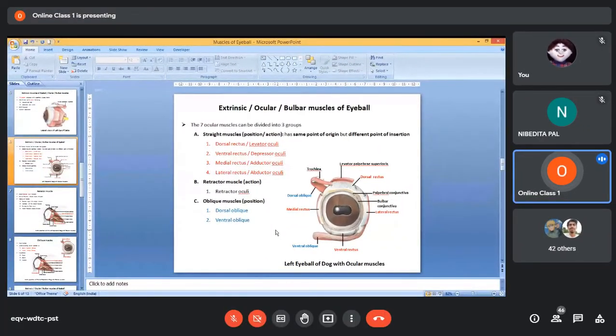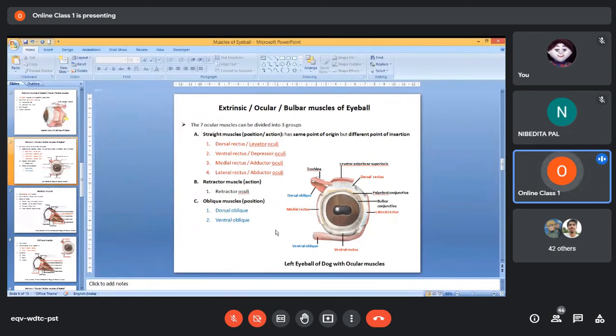So the straight muscles, I repeat once again, can be named based on their position or based on their action. Based on their position: dorsal, ventral, medial and lateral. And based on their action, they are called levator, depressor, adductor and abductor muscles.